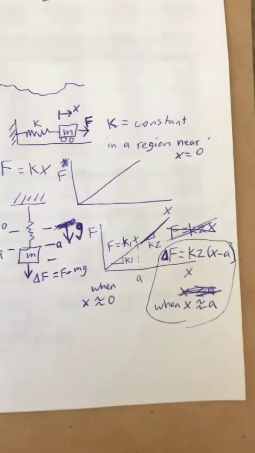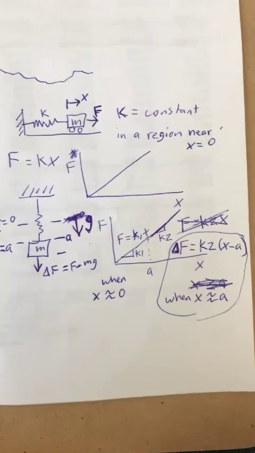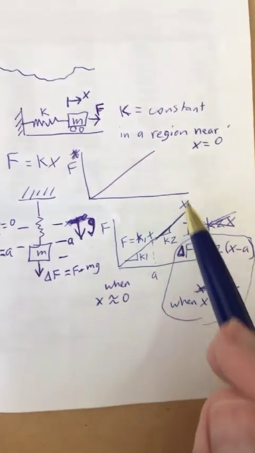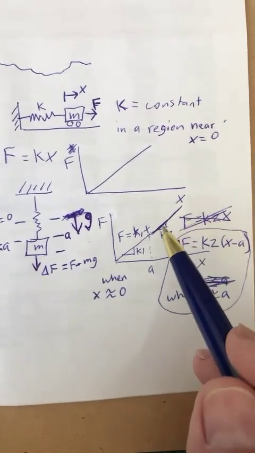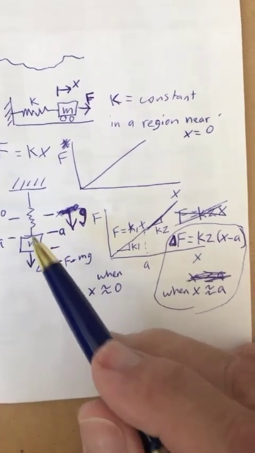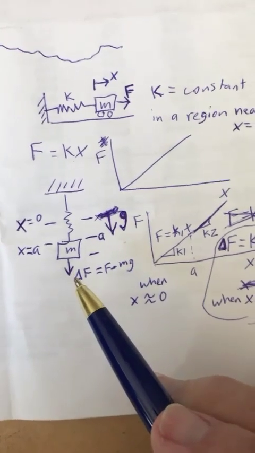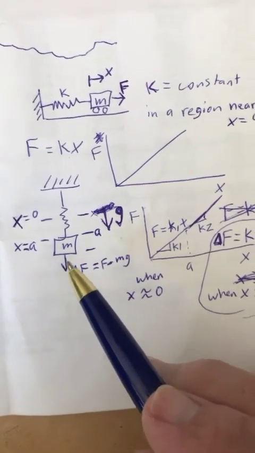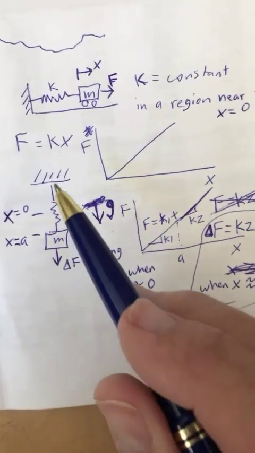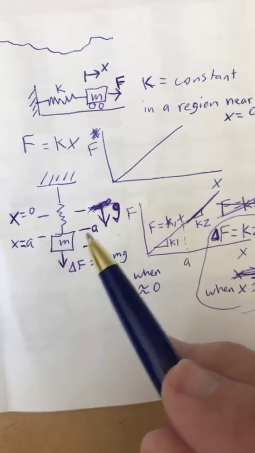As I was editing this video, I realized I made a mistake when I was talking about the spring once it was stretched by the weight of the mass hanging down in a gravity field. The force you pull with is in addition to what's already been pulled by the weight of the mass, which is mg.